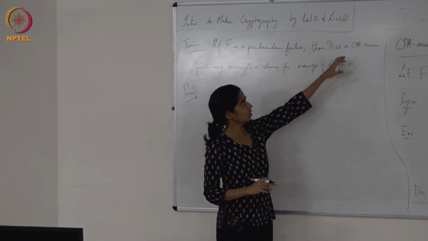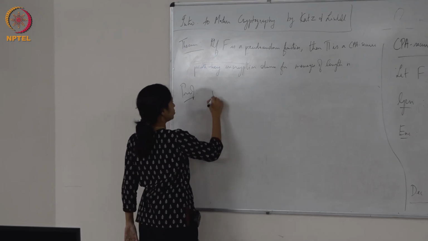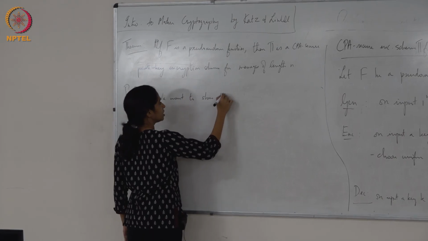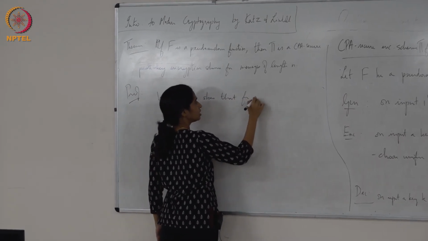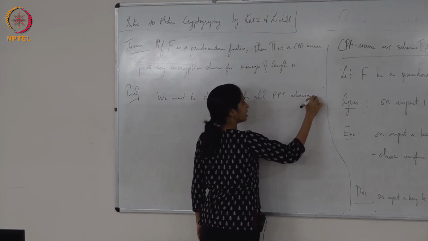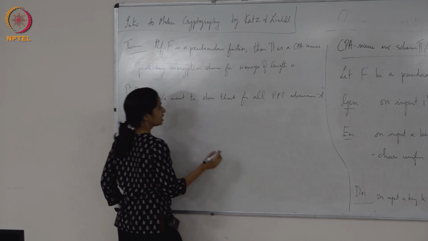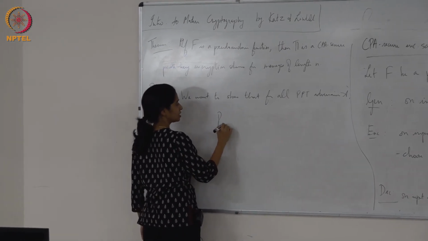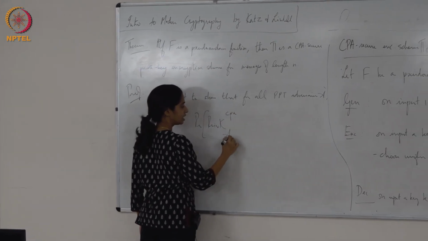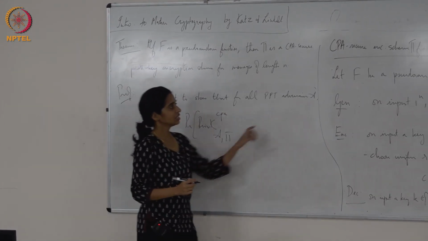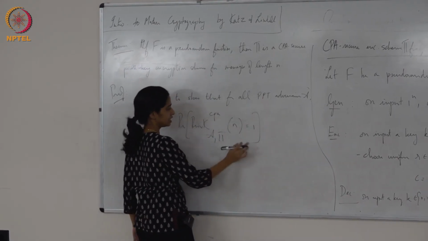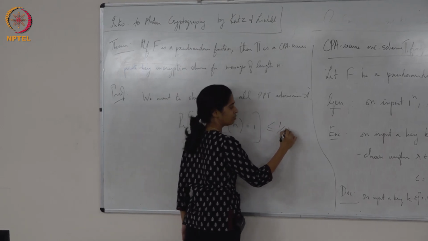Then what do we actually want to show here? We want to show that for all probabilistic polynomial time adversaries A, there exists a negligible function such that in the experiment PrivK CPA of A comma pi, where pi is this encryption scheme, the probability with which A succeeds is at most half plus negligible.